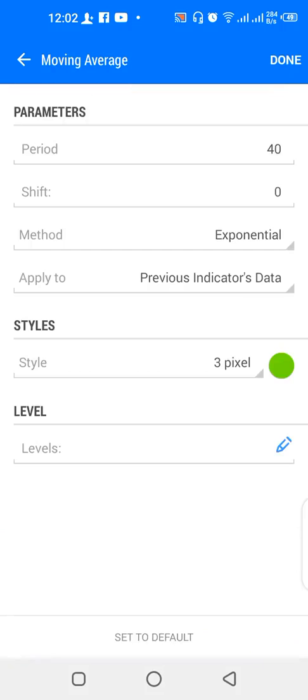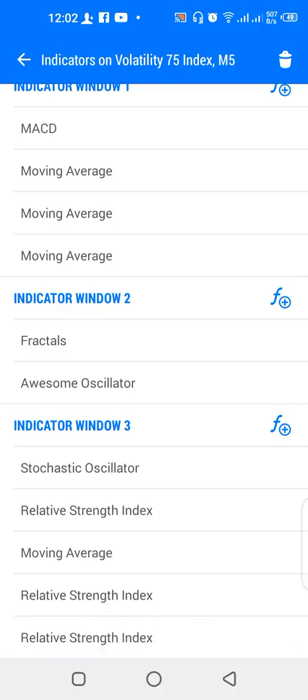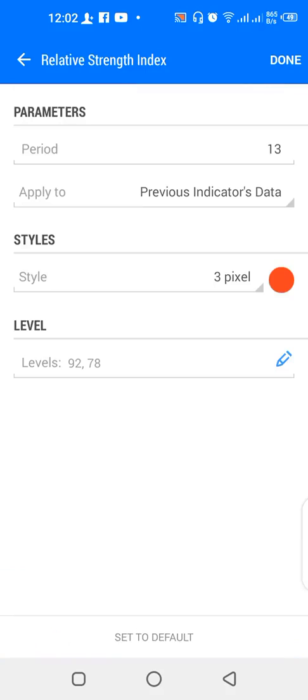The period is 40, the shift is 0, method is exponential, applied to previous indicators data, and the color is lemon. Okay, then we have another relative strength index. The period is 13, applied to previous indicators data, the color is red.